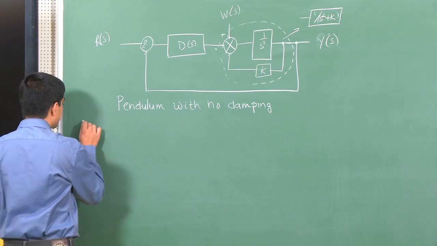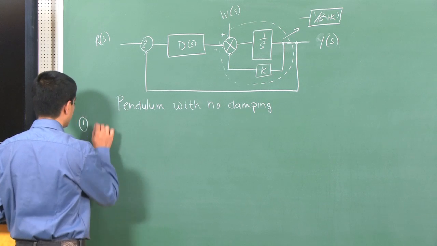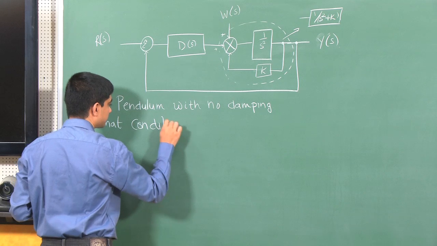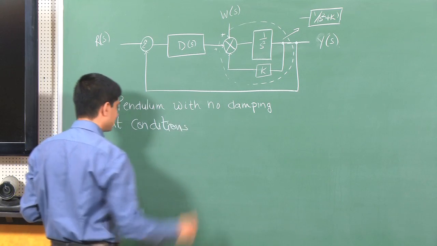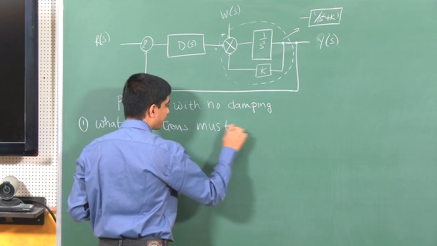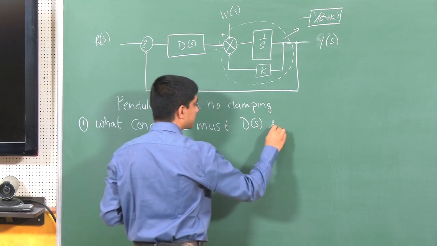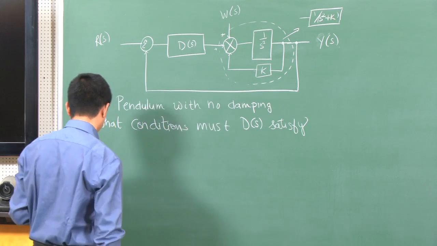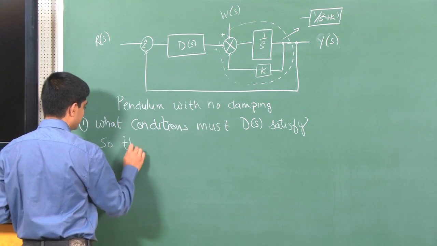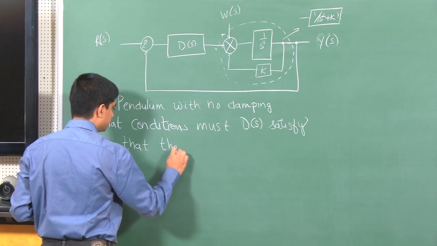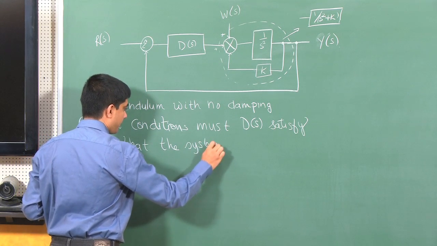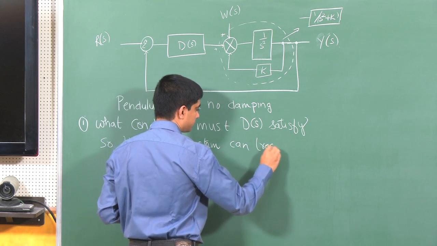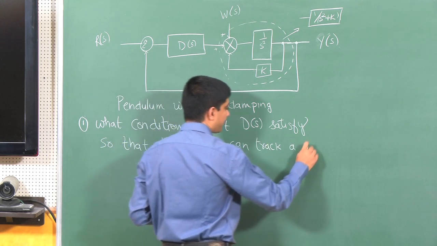Okay, so the first question we would like to answer is, what conditions must D of s satisfy so that the system can track a ramp reference?